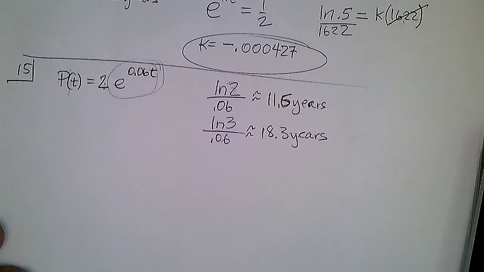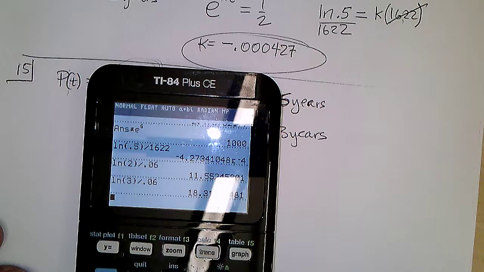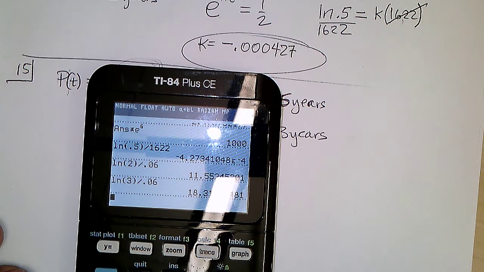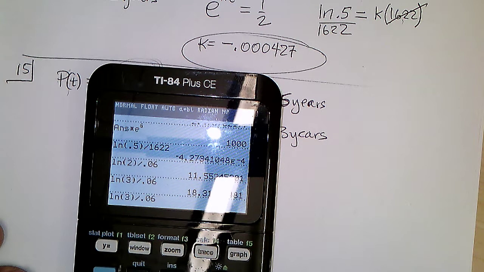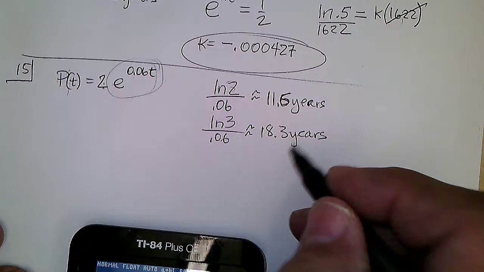And then it says, how about to be 7 times? So it would be ln 7 over that. Change that to 7. And we get 32.4 years.